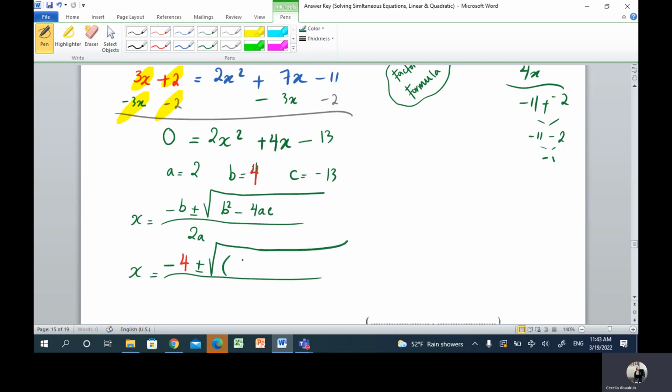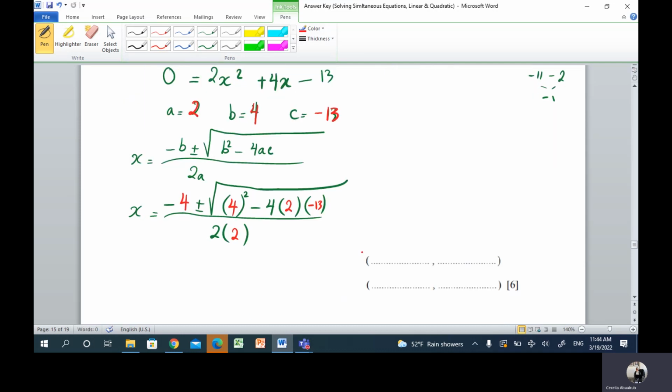B squared, we always put it inside the brackets to the power of 2, and b is 4, so we're going to substitute b as 4, and then minus 4 times a times c, and it's preferable that you replace them inside brackets. A is 2, so we substituted the value of a, and c is negative 13, so negative 13 over 2a, it means 2 times inside the bracket a, which is 2.